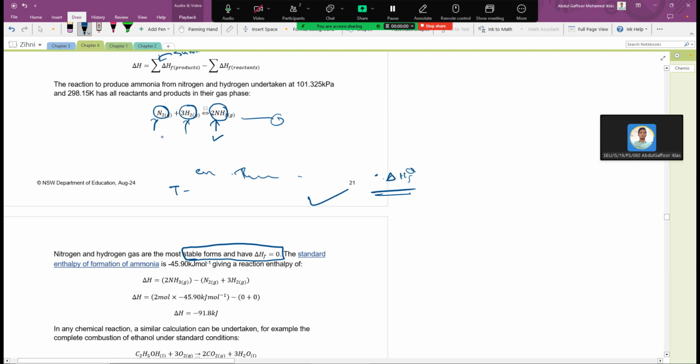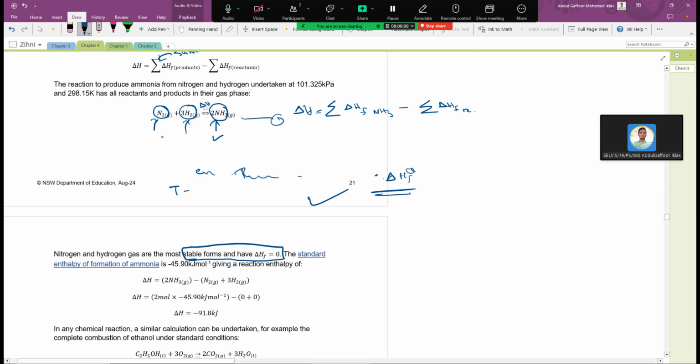Okay, so if we apply this equation here, you can write this way: delta H is equal to summation of delta H formation of products minus summation of delta HF of reactants.